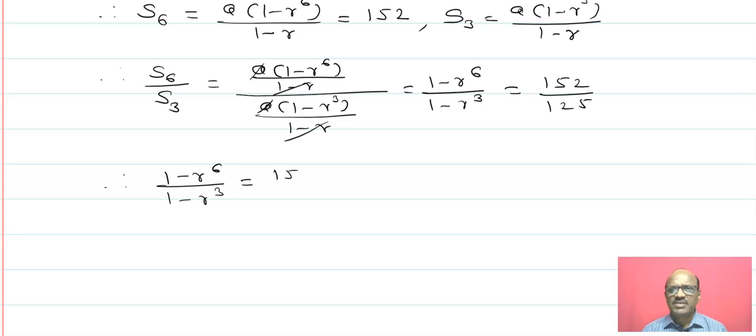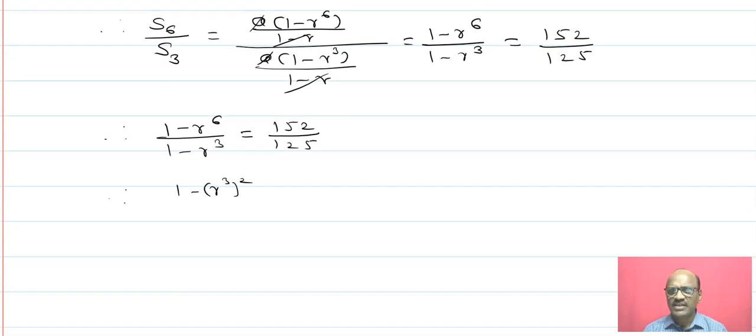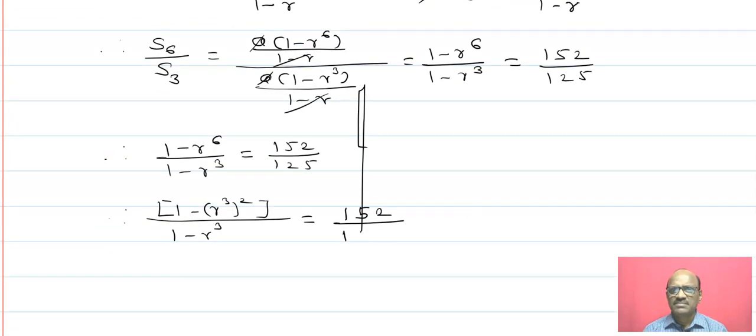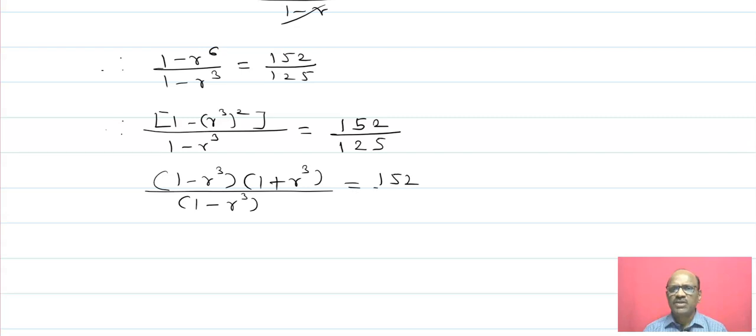Now, 1 minus R raised to 6 can be written as 1 minus R cube in the first bracket and 1 plus R cube in the second bracket, using the formula A square minus B square. Therefore, 1 minus R cube into 1 plus R cube upon 1 minus R cube is equal to 152 upon 125.